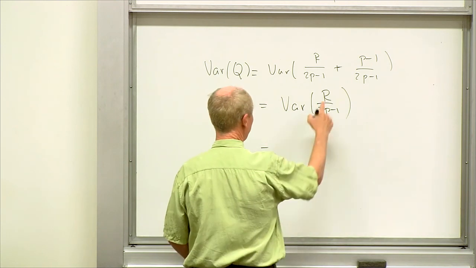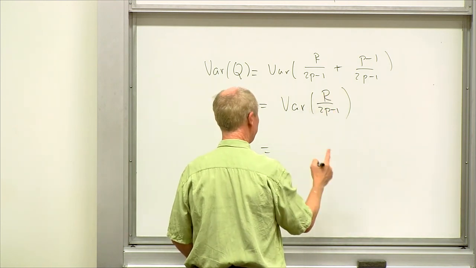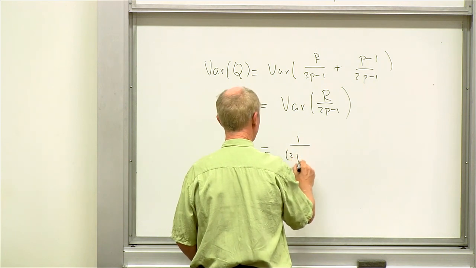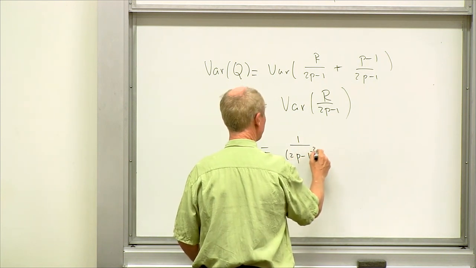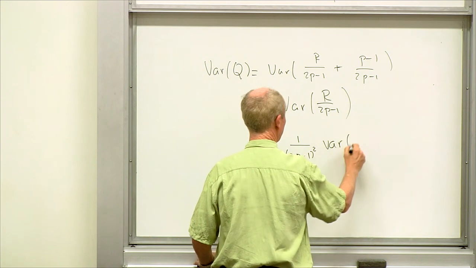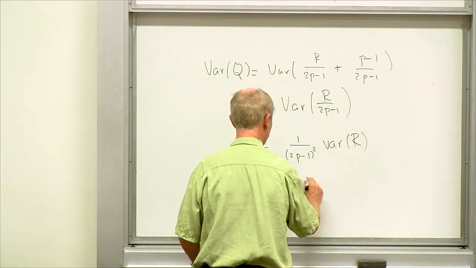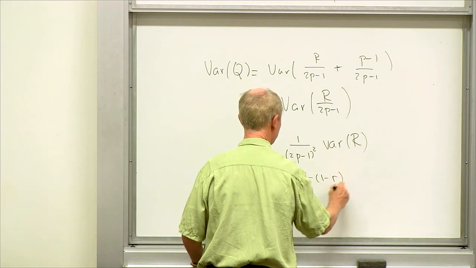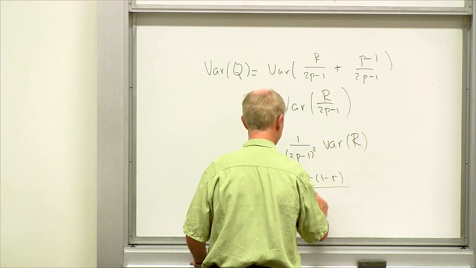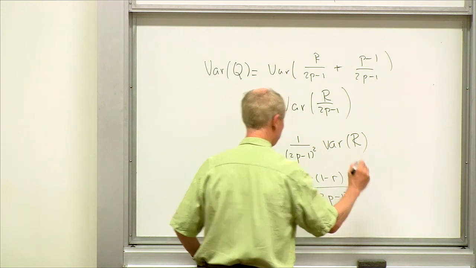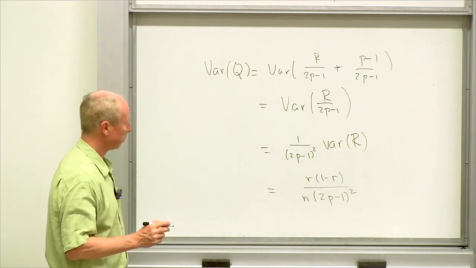And when we multiply a random variable by a constant and take the variance, you pull the constant out, but when it comes out, it becomes squared. And we computed the variance of r over there, and we got little r, 1 minus r over n.